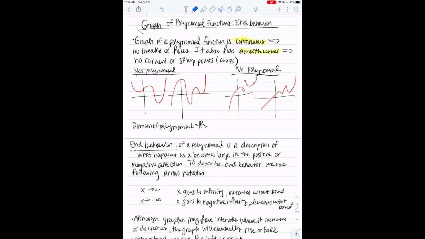For example, on the left we have graphs of polynomials with smooth, round curves and no holes. On the right, these are not polynomials because we have holes here, a break here, and this also isn't a polynomial because we have sharp corners and cusps.